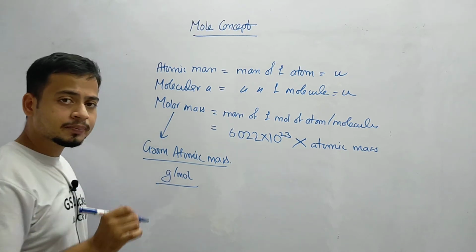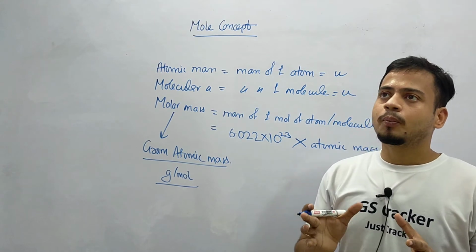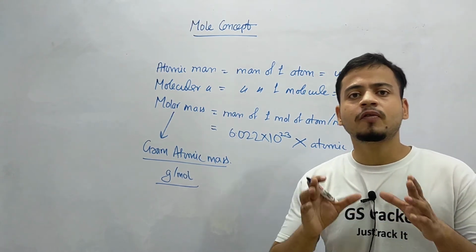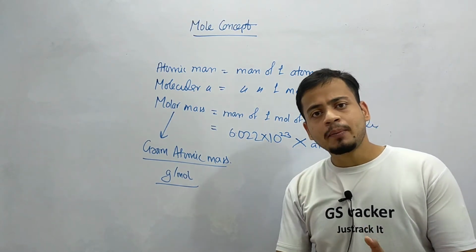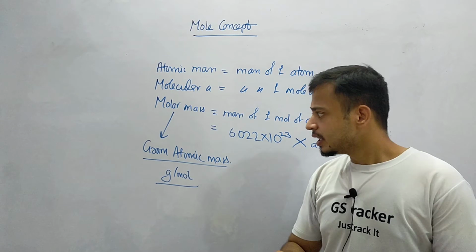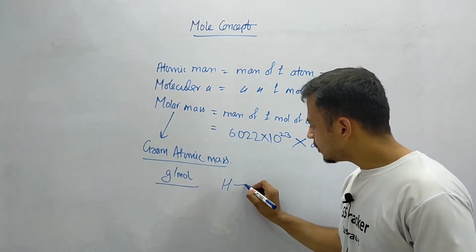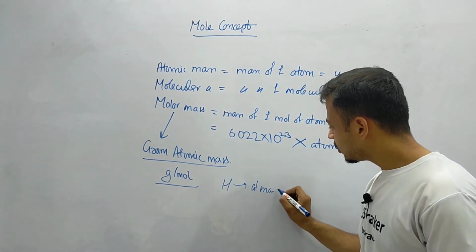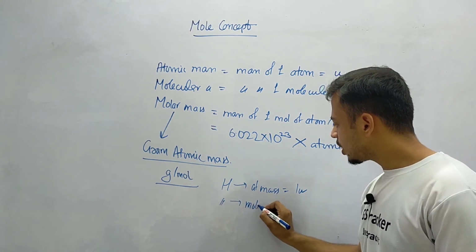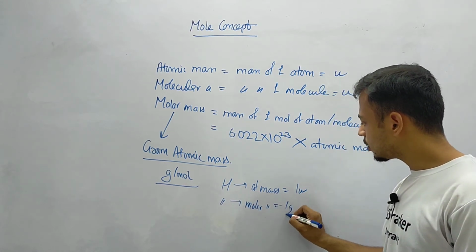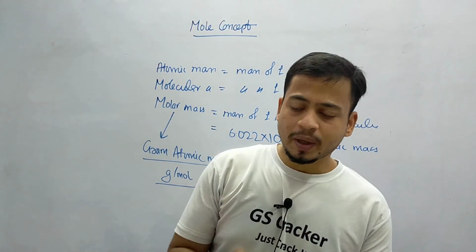And when we say, let me say, atomic mass of hydrogen is 1 unit, then molar mass of hydrogen will be the same number, but the unit will change into grams. That is why we say this is gram atomic mass. So if hydrogen atomic mass equals 1 U, then hydrogen molar mass will be equal to 1 gram per mole. So this is your gram atomic mass.